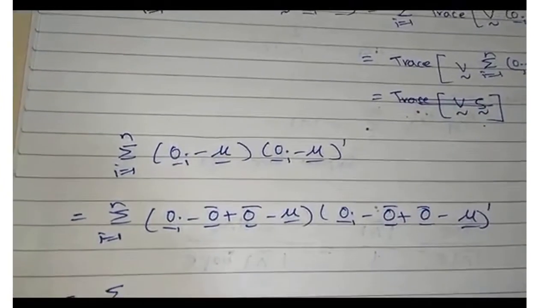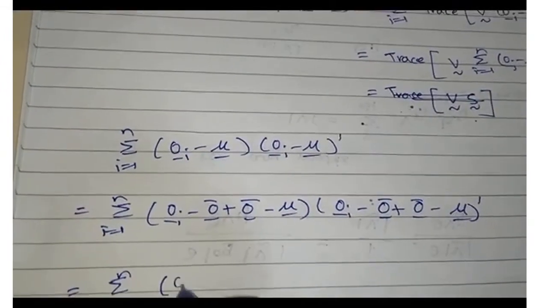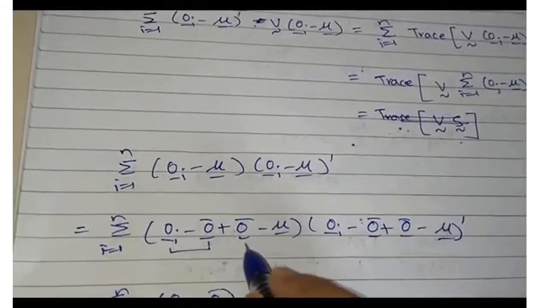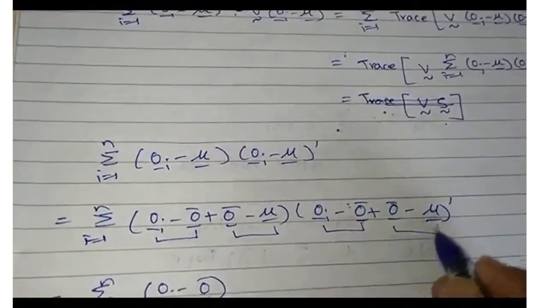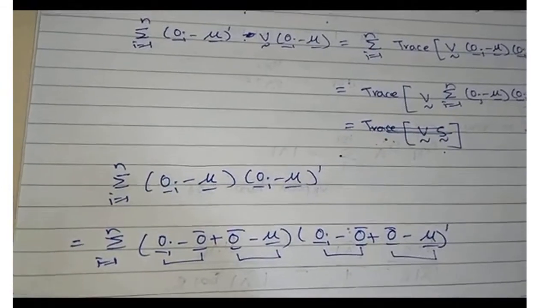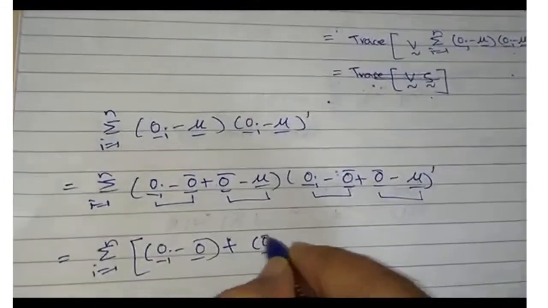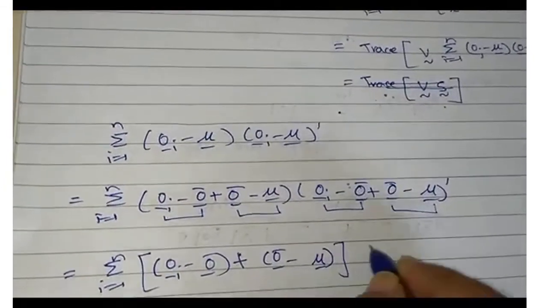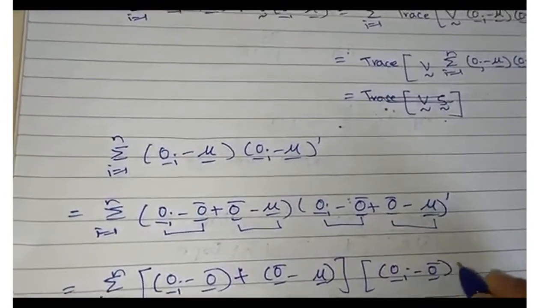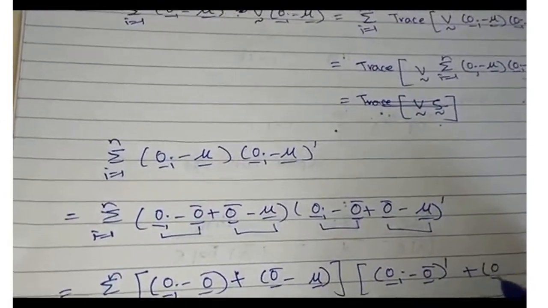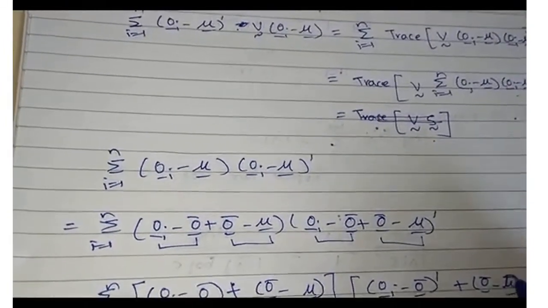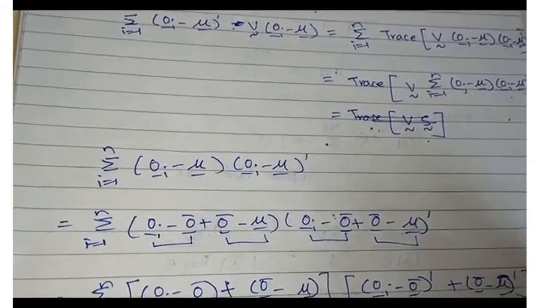So this becomes the sum over i going from 1 to n of y minus o bar. I'll consider this as one term, second term, third term, fourth term. So I'll have y minus o bar plus o bar minus mu. If I take the transpose inside, it will be oi minus o bar prime plus o bar minus mu prime.